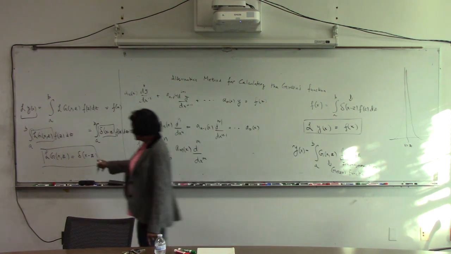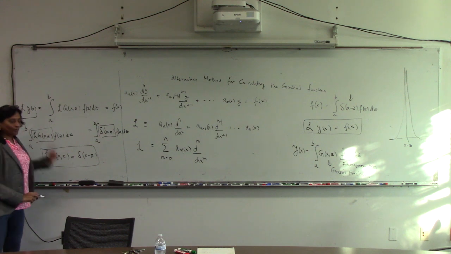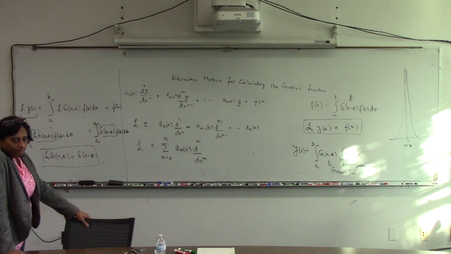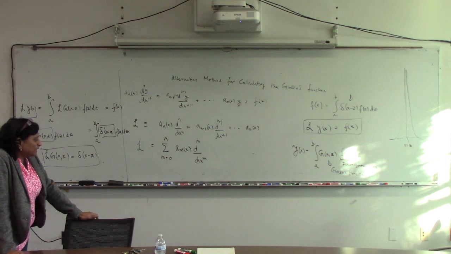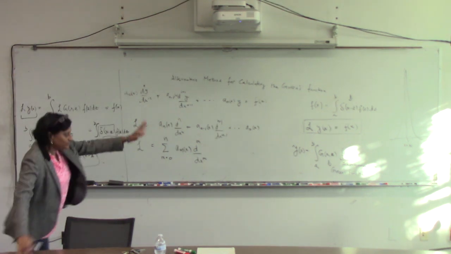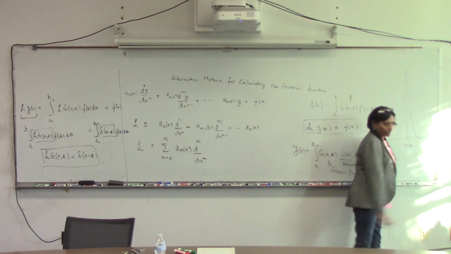So based on that, what can you say about L operating on the Green's function? It is 0, so you can say basically for x not equal to z, it is 0. I've drawn it like this, but this is a very sharply peaked function, and this width is really small.